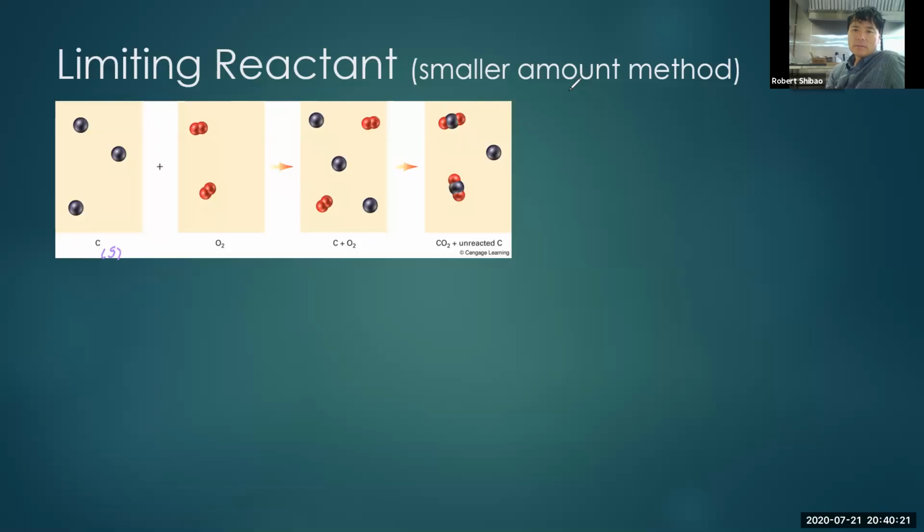And so the smaller amount is the theoretical yield. In this particular case, the theoretical yield is only 2 CO2s. It's impossible to form 3 CO2s because I don't have enough oxygen. The theoretical yield is based on which one of these gives you a smaller amount of product.